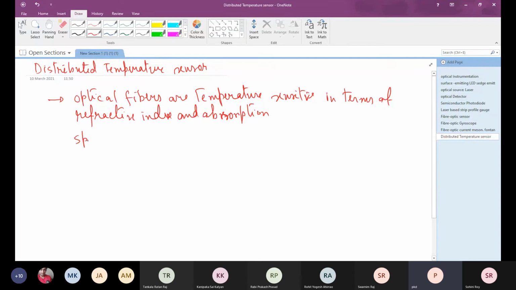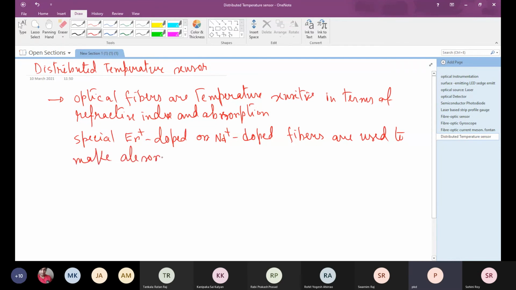So special fibers with erbium doped or neodymium doped fibers are used to make absorption more sensitive to temperature.